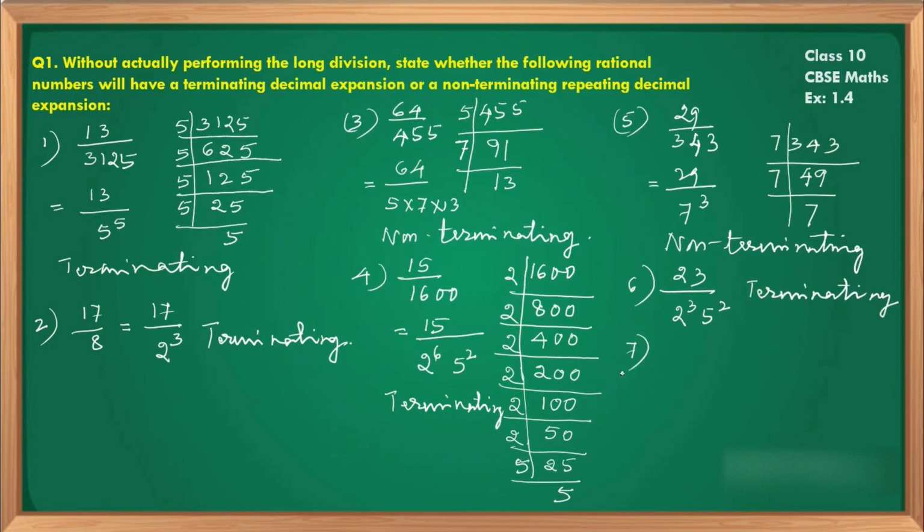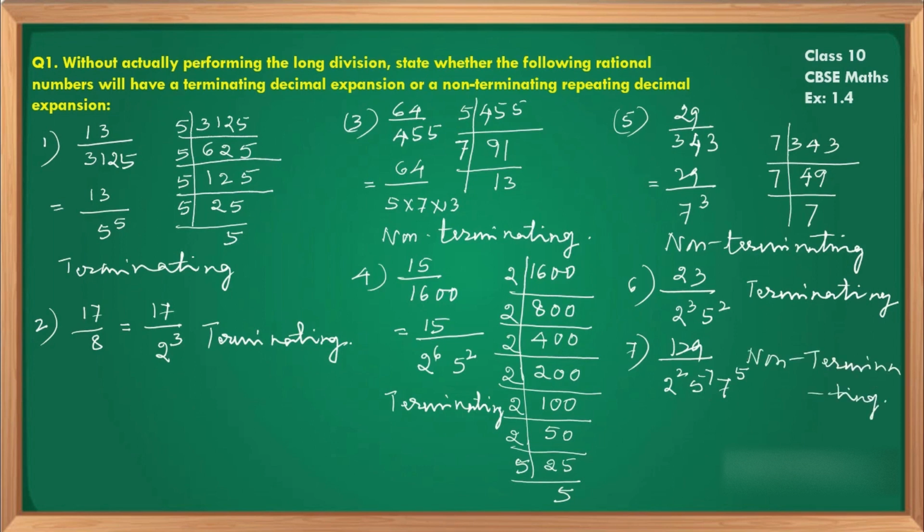Let us go for the seventh question, which is 129 divided by 2 square into 5 to the power 7 and 7 to the power 5. Now again here there is no working required. In the denominator you have 2 and 5, but you have 7 also. Therefore this rational number is non-terminating.